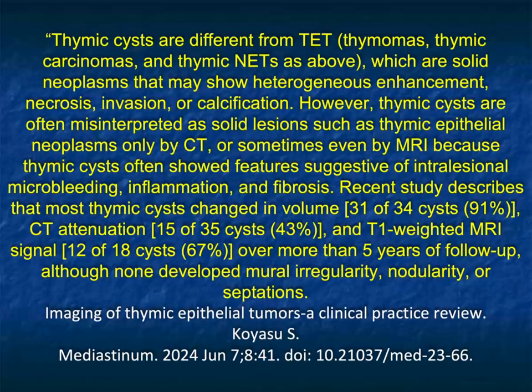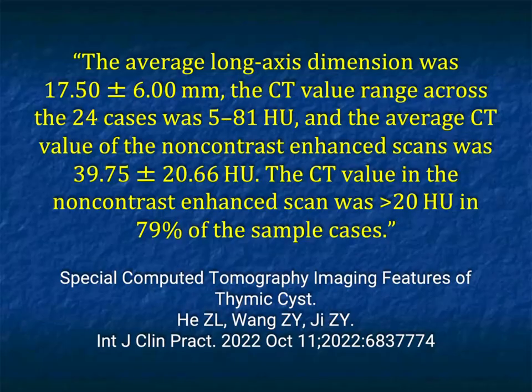Thymic cysts do not look like thymolipomas. They do not look like thymic hyperplasia. But you can be concerned about other possibilities. The average length was 17 centimeters in this one article. Now, they do enhance a bit.